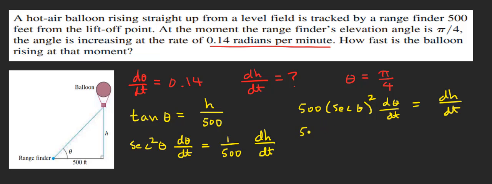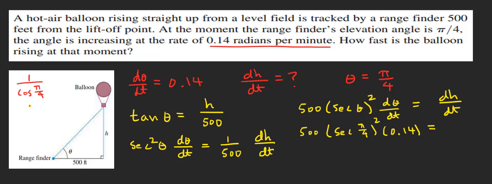So it's going to be 500 times secant of pi over 4, squared. What is d theta over dt? That's 0.14. That is going to be dH over dt. And what is secant of pi over 4? Well, that is the same thing as 1 over cosine of pi over 4.